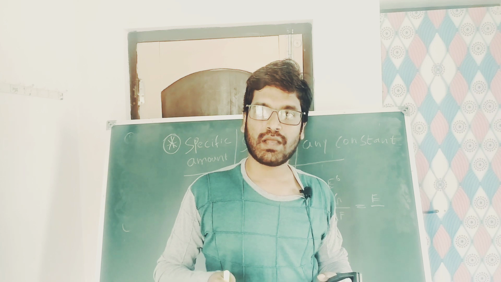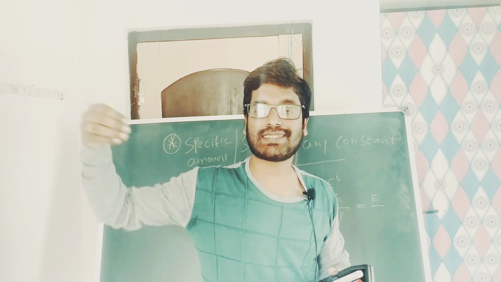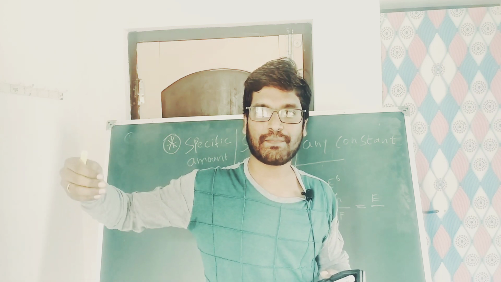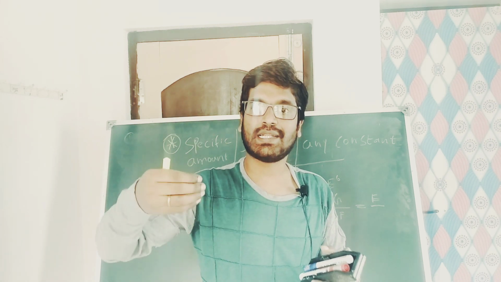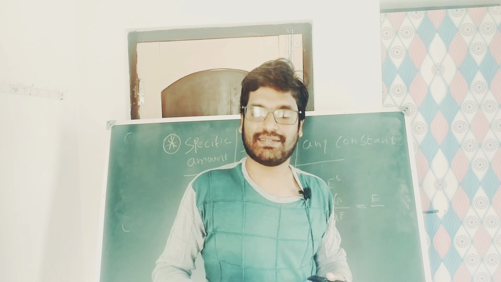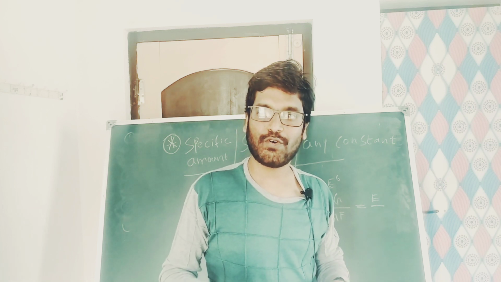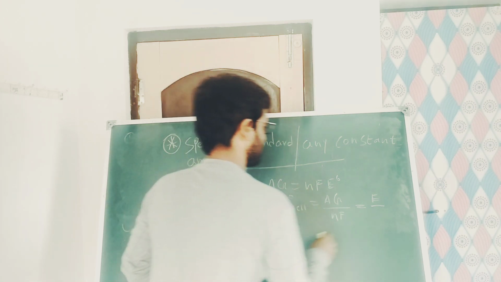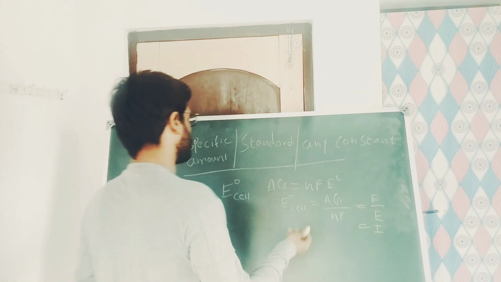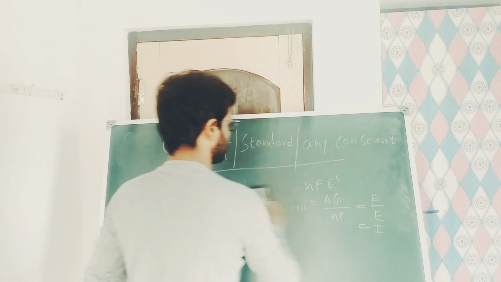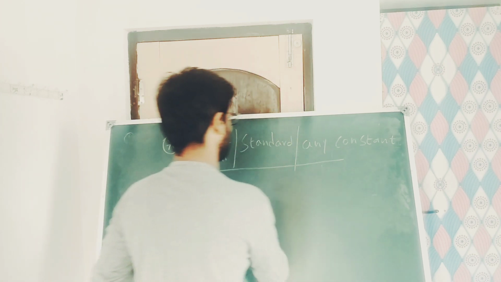That means positive and negative charges are less in each individual container. So charge depends upon the size of the substance. So charge is an extensive property. So extensive by extensive, intensive. So standard cell potentials are intensive. This is the example of standard.